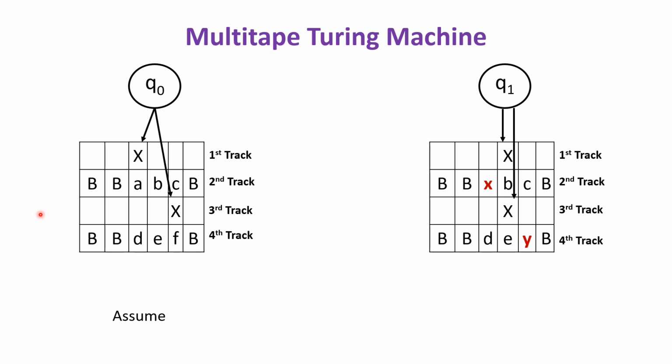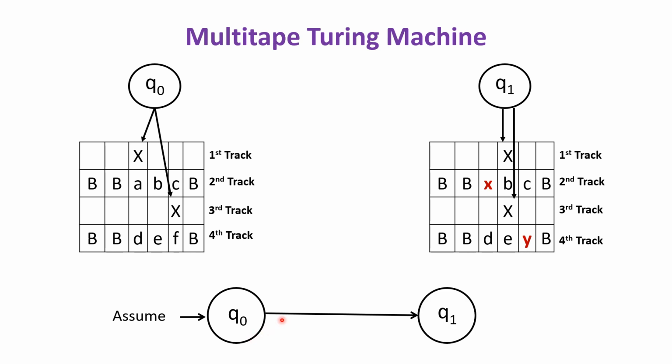Given the current state Q0, with both heads pointing at A and F, if we have the current move, then Q0 is changed to Q1, A is replaced as X, F is replaced as Y. In the first tape, that is the second track content, the read-write head will move towards the right.